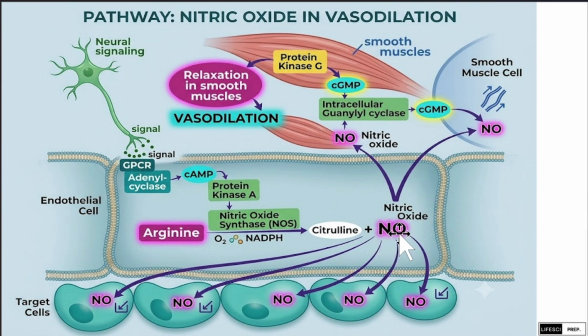Then the nitric oxide can move through the plasma membrane easily to the smooth muscles. In smooth muscles, it activates the intracellular guanylyl cyclase. The guanylyl cyclase activates protein kinase G, which causes relaxation in smooth muscles and vasodilation.